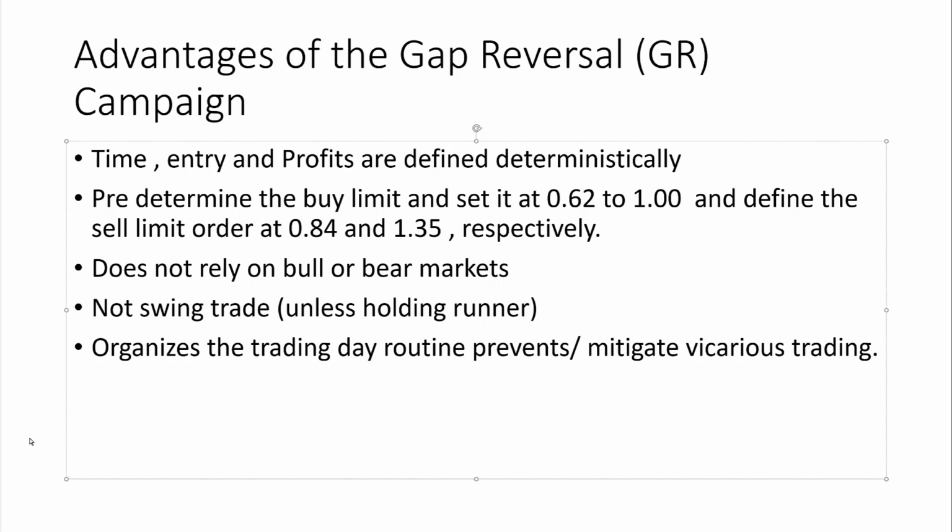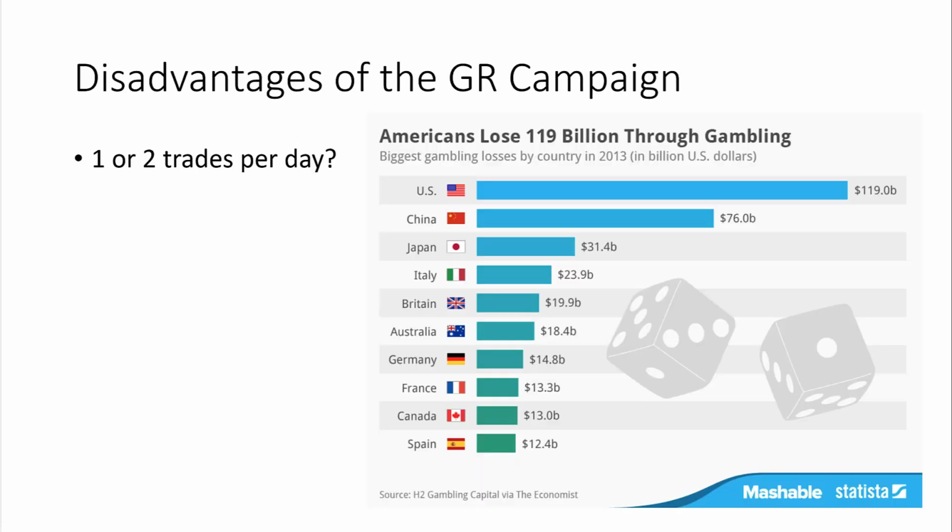I guess the main disadvantage about this gap reversal campaign is that you're capped at 1 or 2 trades per day. And honestly speaking, based on experience and talking with a lot of other traders, 1 trade per day generating 35 to 100% is enough.